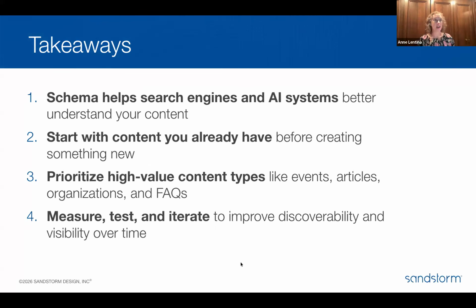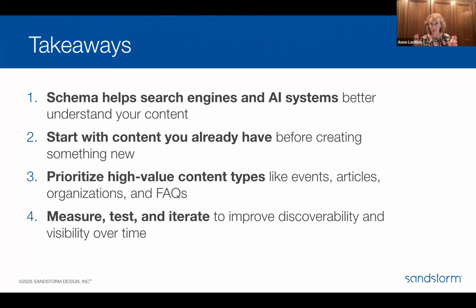So takeaways for today. Schema is an aid for the content that you already have, to help LLMs better understand the content that you're already putting out into the world. Start with what you already have, and you don't always have to create something new. That's what's great about using this mapping to the structured content.